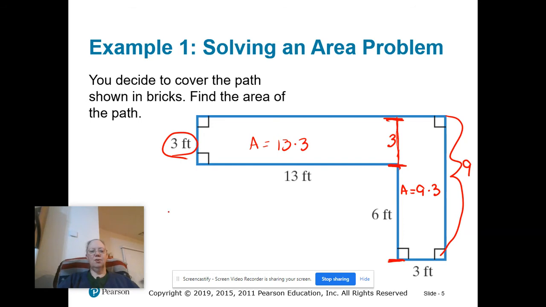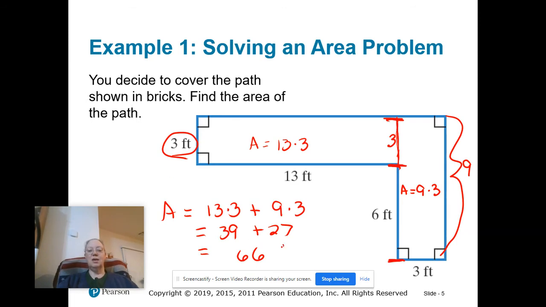So all together, total area is going to be my 13 times 3 and also my 9 times 3. So 13 times 3 is 39, 9 times 3 is 27, and that gives me 66 feet. And because it's area where we multiply feet times feet, that will give me 66 feet squared.